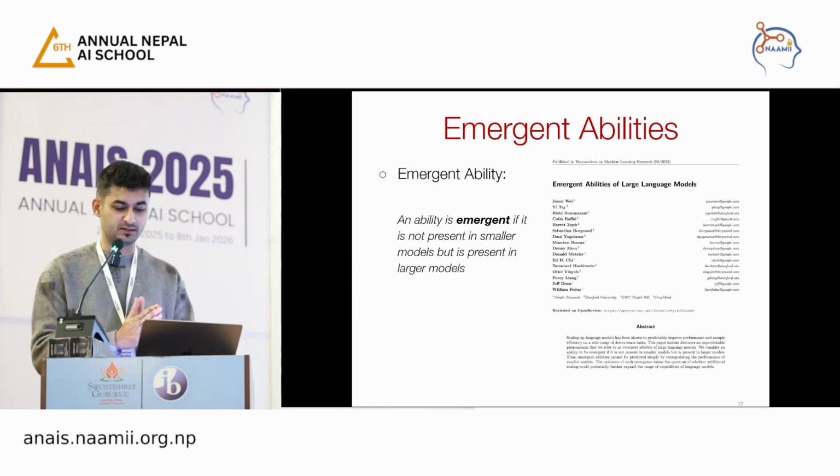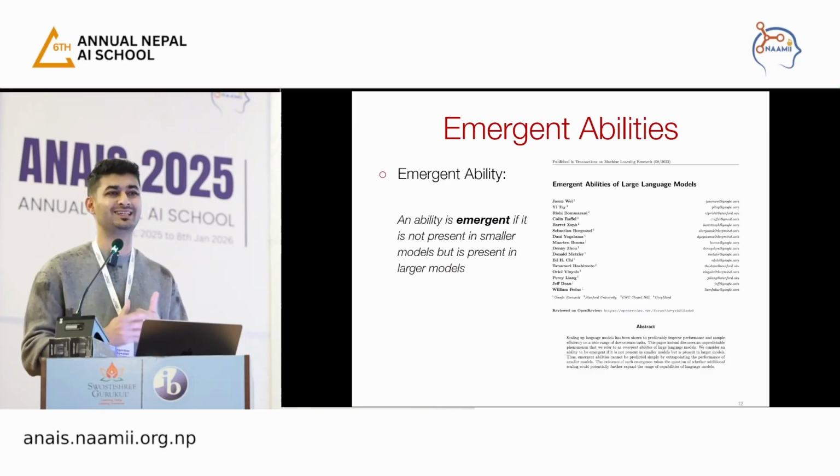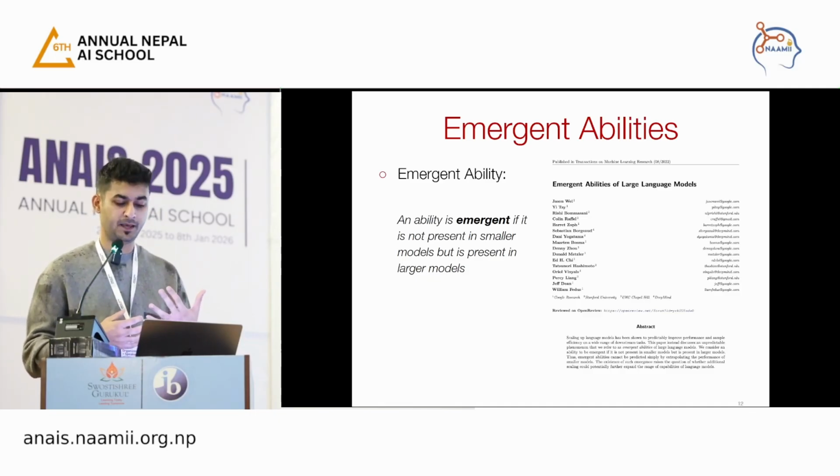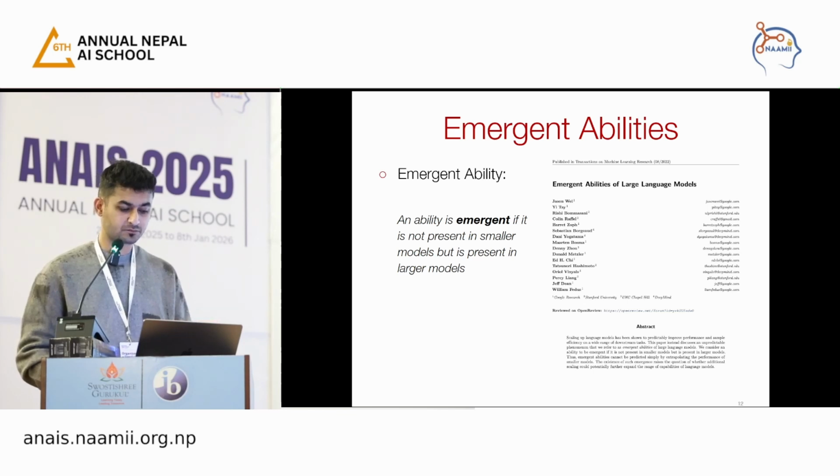This was studied in a very classical 2022 paper called Emergent Abilities of Large Language Models, which does an in-depth study of what emergent abilities are, why there's a need to scale models up, how we can extract more performance from the same models at the same scale, and what the ingredients are.